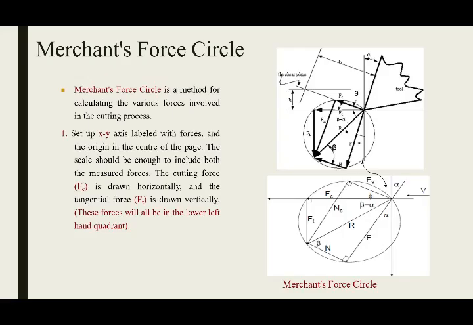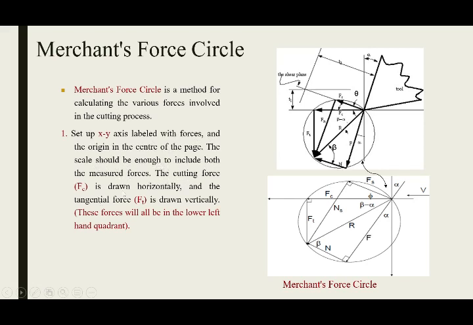So Merchant force circle. First of all, we have to set up an XY axis. Consider this as the X axis and this as the Y axis. The origin is at the center of the tool edge. The scale should be enough to include both the measured forces.